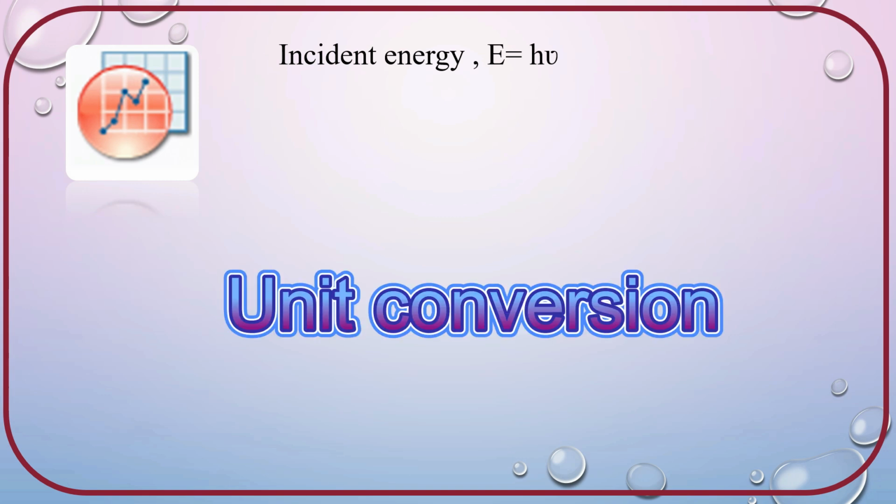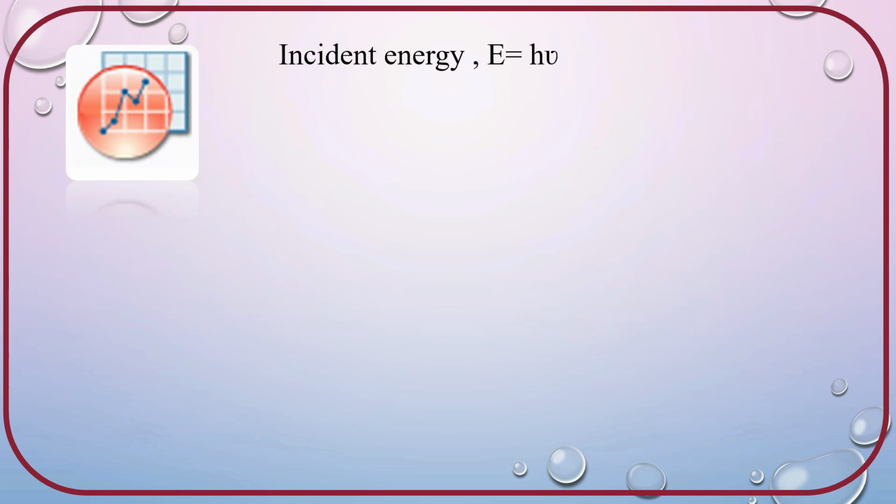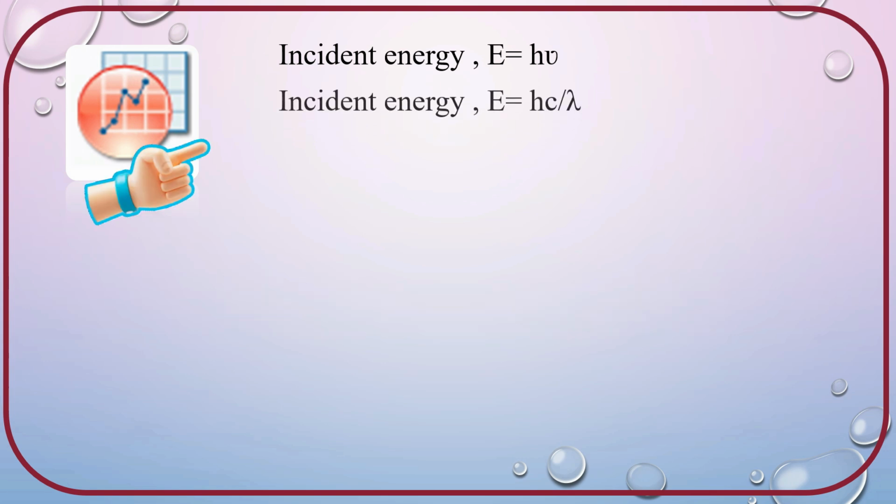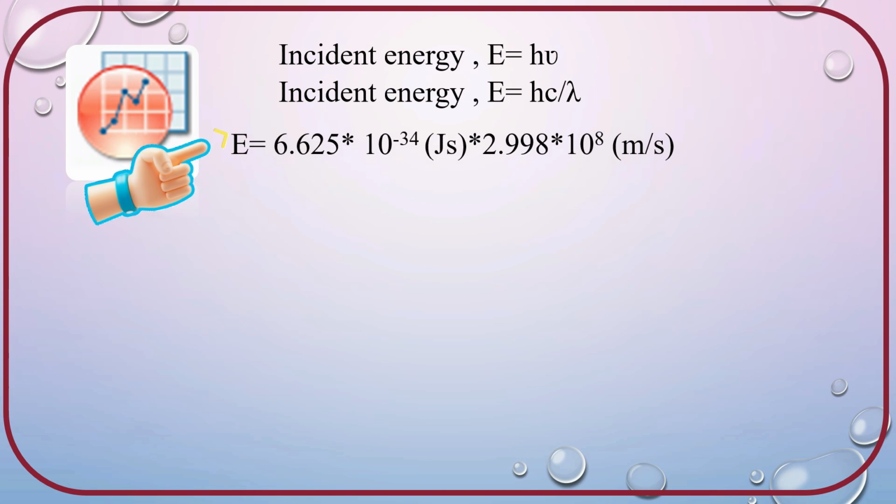After that, we need to convert units. The incident energy E is equal to h nu. Substitute the values. E is equal to h c over lambda, where the Planck constant is 6.625 into 10 raised to minus 34 joule second, and the speed of light is 2.998 into 10 raised to 8 meter per second.